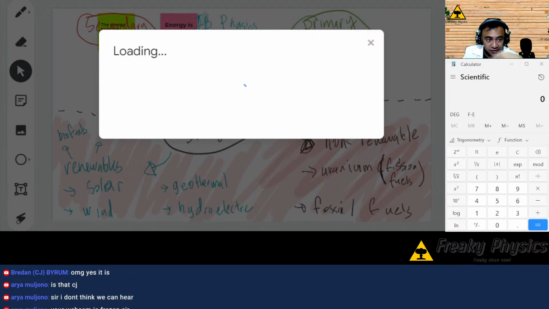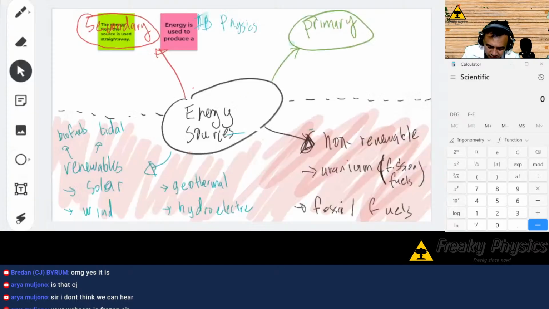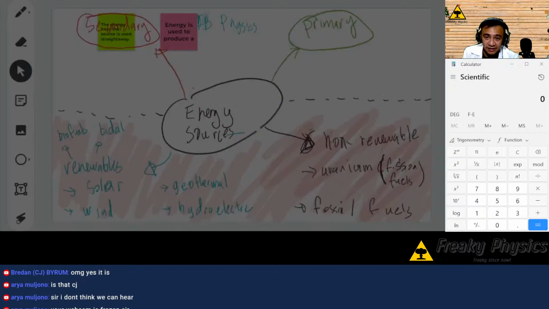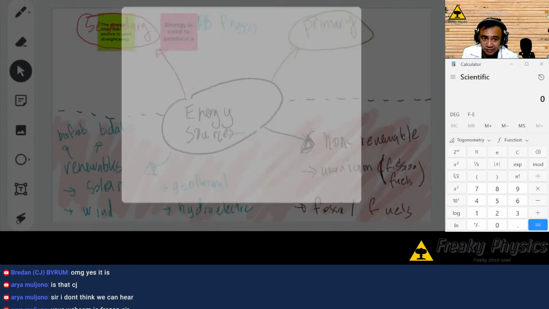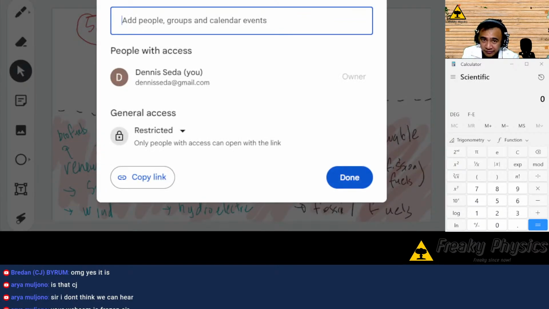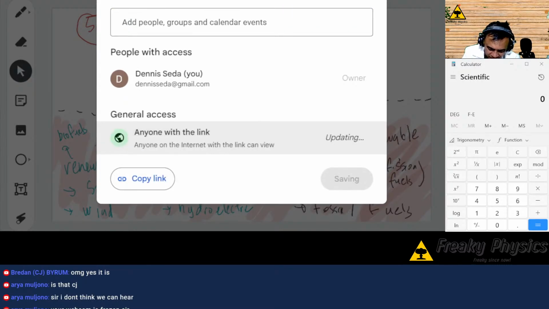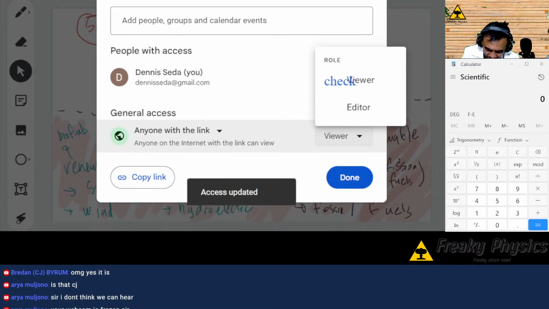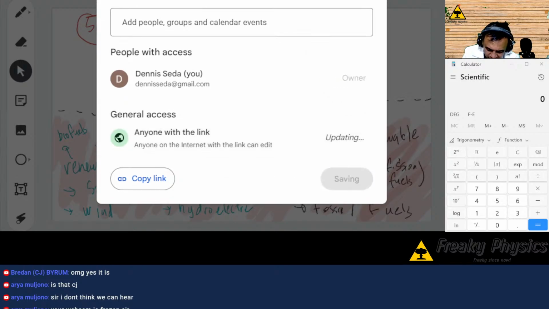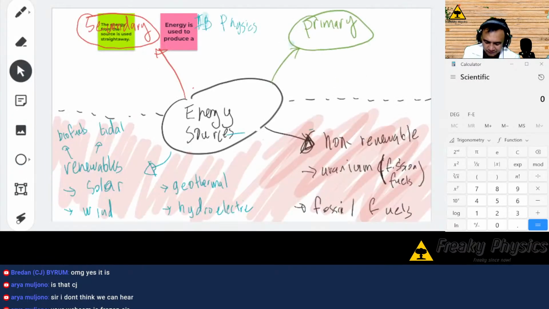So a secondary source of energy or a secondary type of energy would be like a second step. An idea here is that all of these things, the fuel, solar, wind, these are all primary sources. The secondary type of energy that we would be using here is electricity.